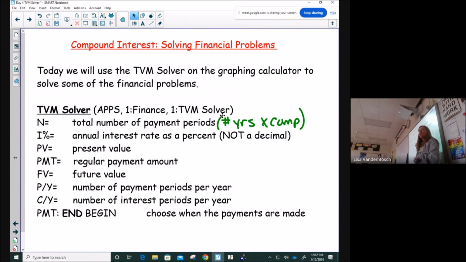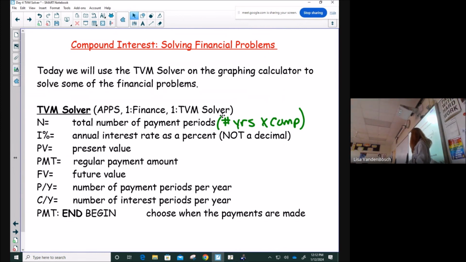So if we do a lump sum payment, the compound interest stuff, our payment is 0 because we're just putting in a lump sum and leaving it there. Future value in your compound interest formula is the same thing as the A, and in your annuity formula yesterday, that's the same thing as A. So they just put it as PV for present value, FV for future value, as opposed to A and P.